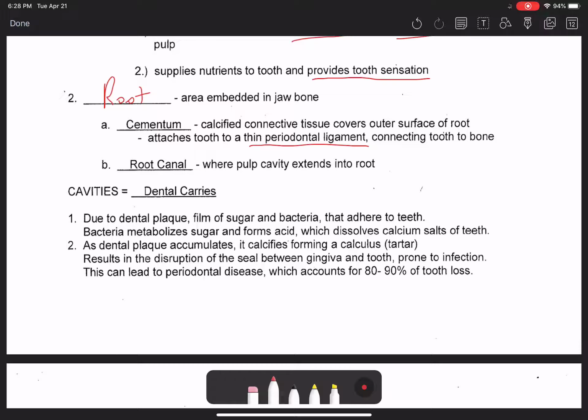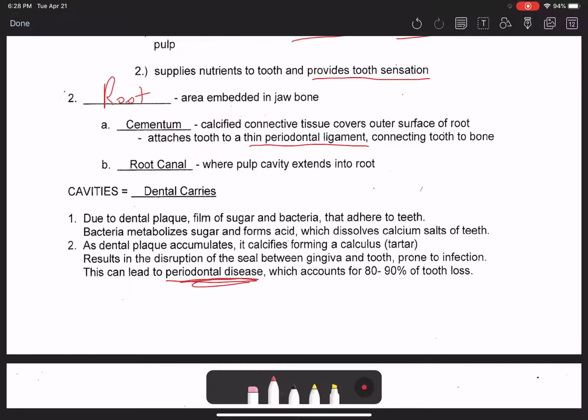The problem is that as more and more dental plaque accumulates, it can actually pry the seal between the gingiva and the tooth, allowing bacteria in the oral cavity to get down into the cementum and periodontal ligament. When that happens, we get what is known as periodontal disease.